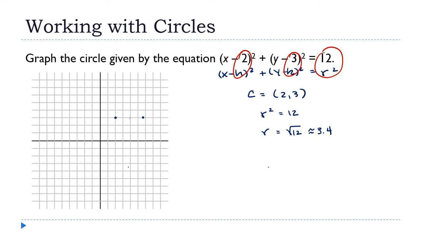I'm going to go 1, 2, 3.4 to the left of the center. Then I'm going to do the same thing. I'm going to go up 1, 2, 3 and about a half, and I'm going to go down 1, 2, 3 and a half. Those 4 guide points, if you will, are all on the circle.